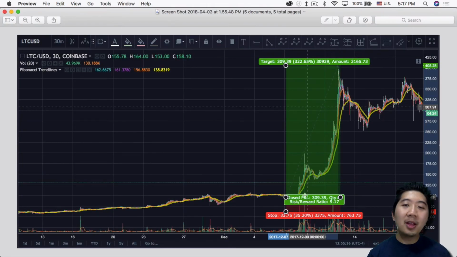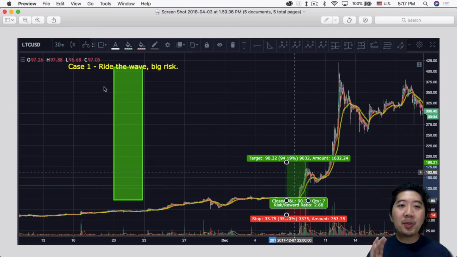For example, if you follow the Fibonacci trendline strategy that he has, then you're just going to gain 322% in this particular example with Litecoin. That's case number 1: ride a wave, big risk. But the other option is to ride it up to the top right here and then sell it.